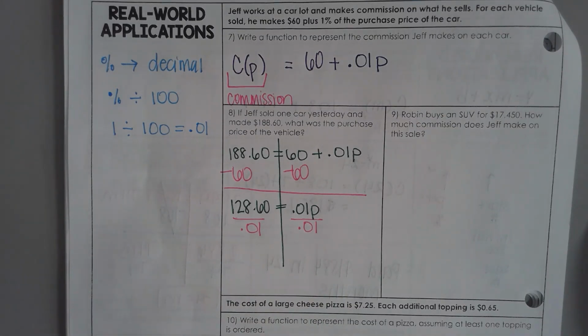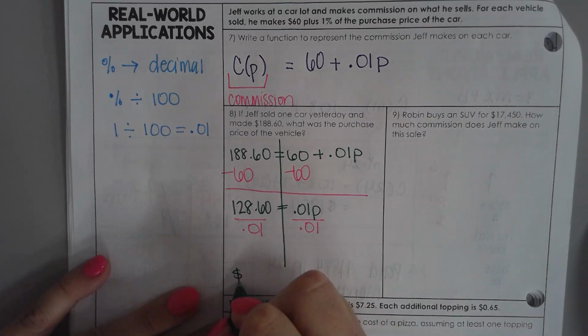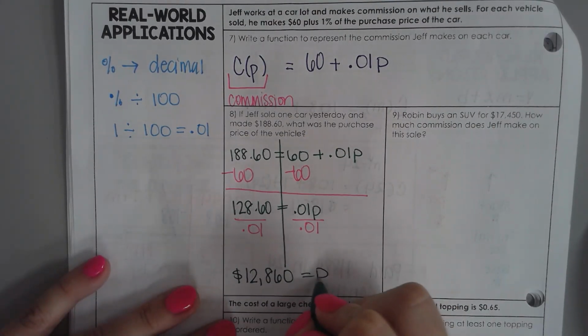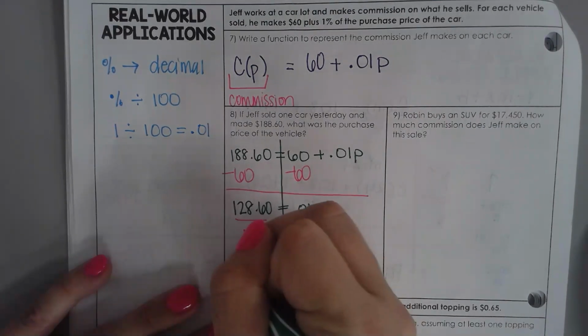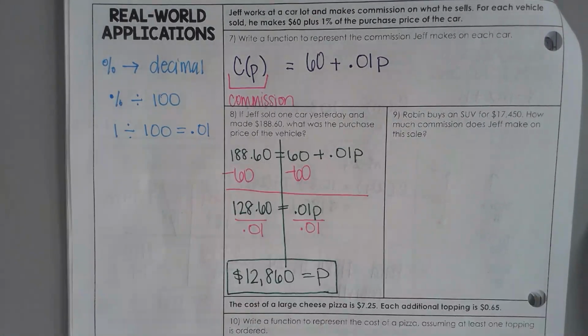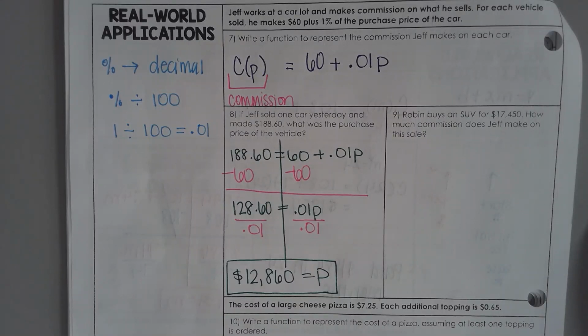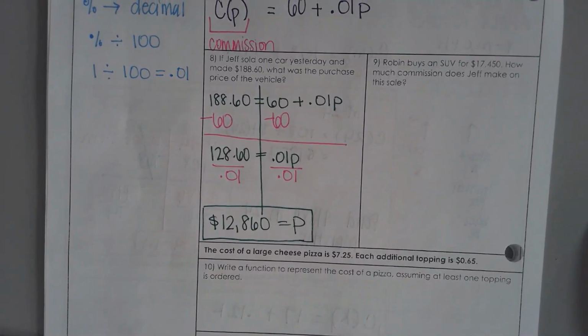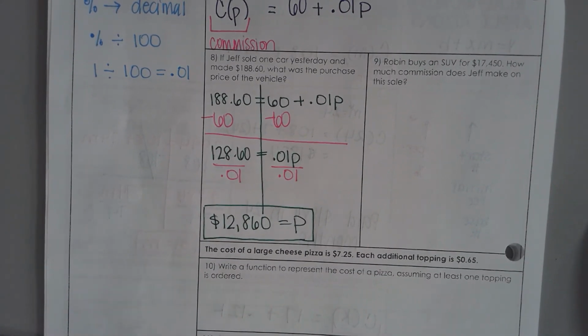And Dale, what do you get? 12,860. That's how much the car costs. Because remember, it equals P. P is the purchase price. So 12,860 equals the purchase price. Not bad.